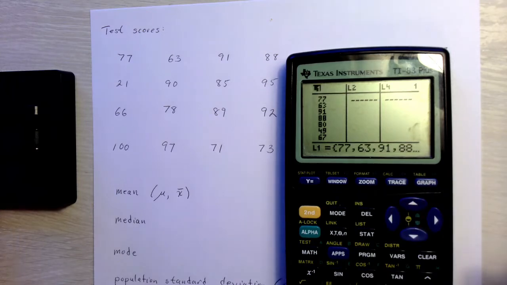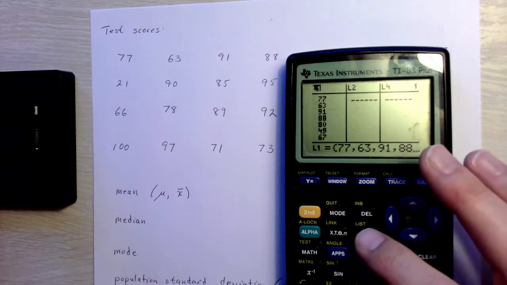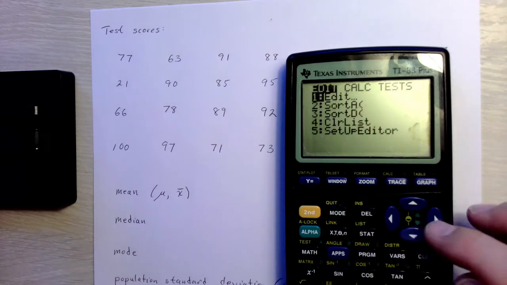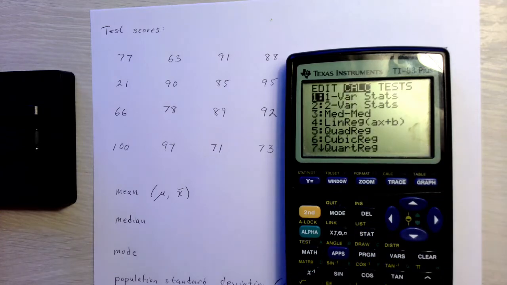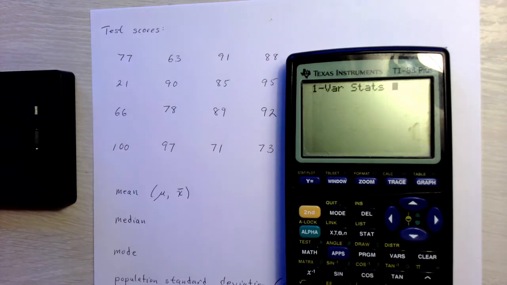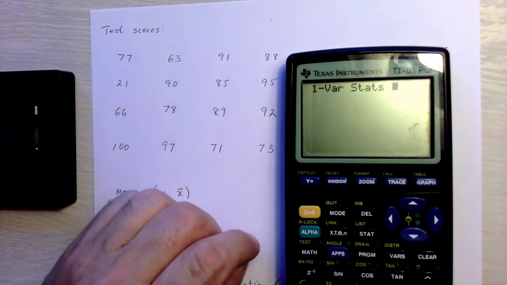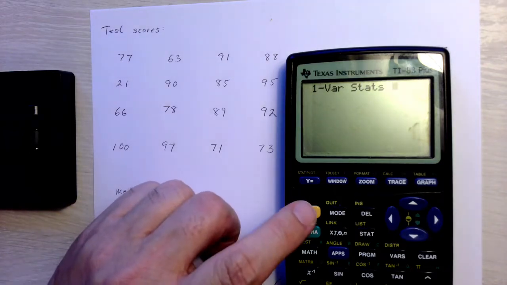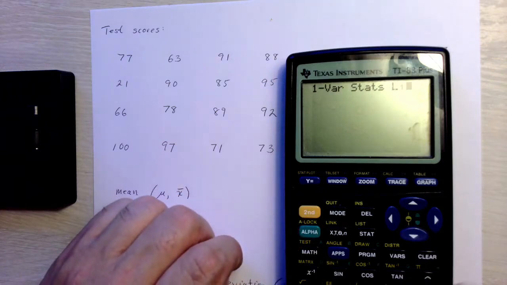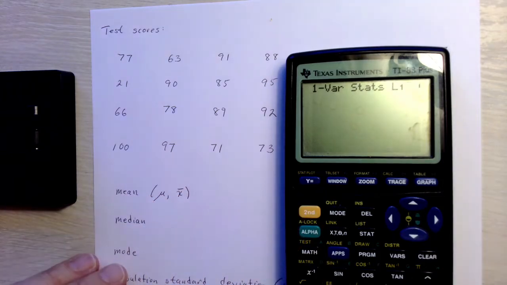After you have done that, hit Stat again, and now you want to do a calculation. We're going to be using 1-Var Stats. So we choose 1-Var Stats, and then we just enter the column that we used, which was L1. In this case we use the second function and L1, and enter that.